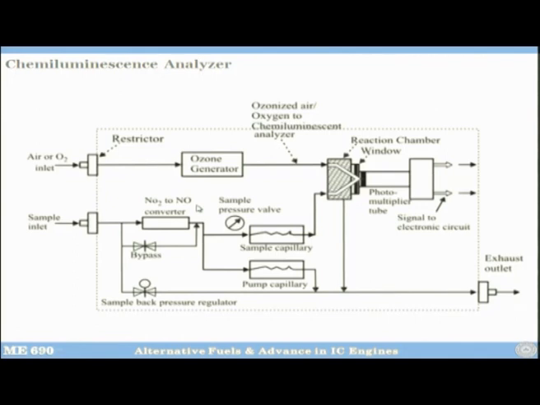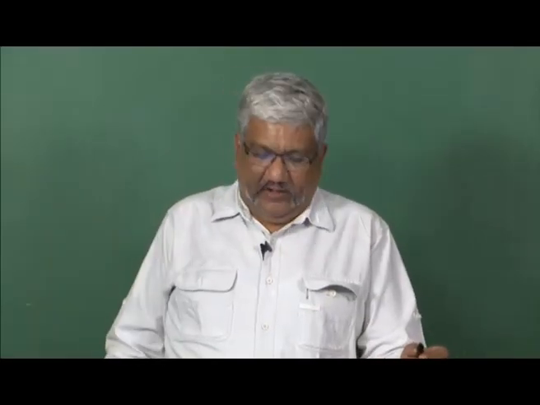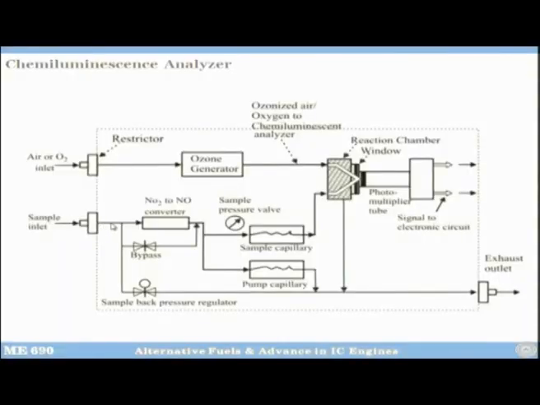Okay. Now, you see what will happen. Suppose you are interested in finding out how much is NO and how much is NO2. So, I will come back here. So, if I am closing this bypass, all my NOx is getting converted to NO. So, here I will detect total NOx, right.